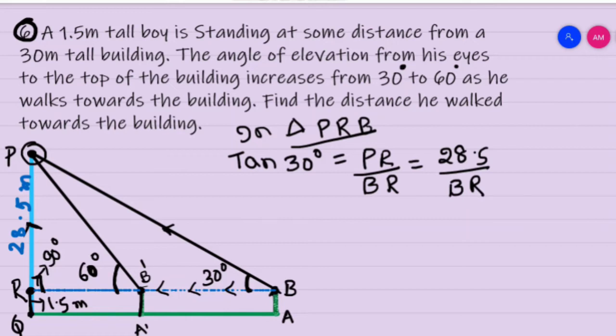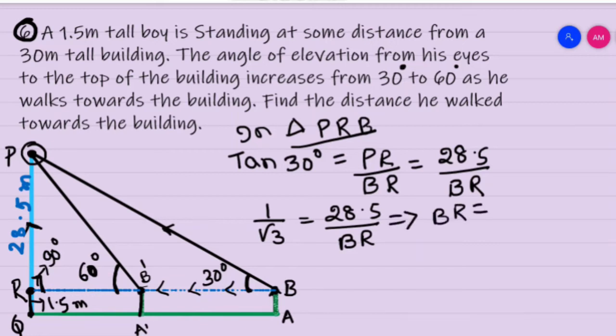And how much is your tan 30? Tan 30 is nothing but 1 by root 3. So 1 by root 3 is equal to 28.5 by BR. From here, BR will be equal to 28.5 root 3. So this is your BR.